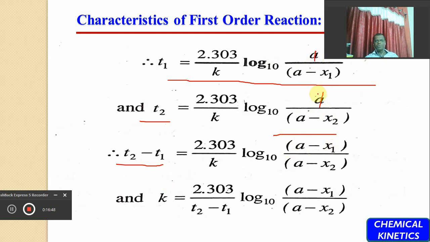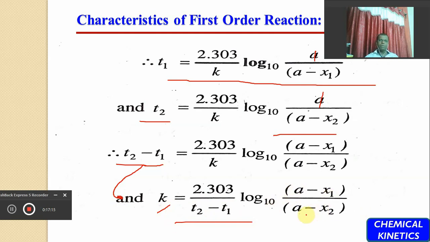So it will be a minus x1 divided by a minus x2. And we can write this equation for the rate constant of a first order reaction k as 2.303 upon t2 minus t1 log to the base 10 of a minus x1 divided by a minus x2.